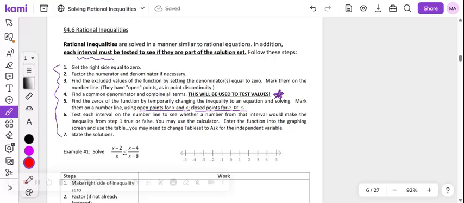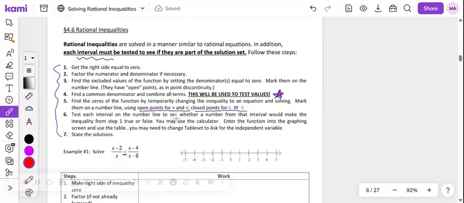When we have the numbers on our number line, they can be either open or closed. First of all, any values that would make our denominator equal to 0, we would put on our number line as excluded values, and they would be open circles. Beyond that, we have to look for the symbol in our inequality.